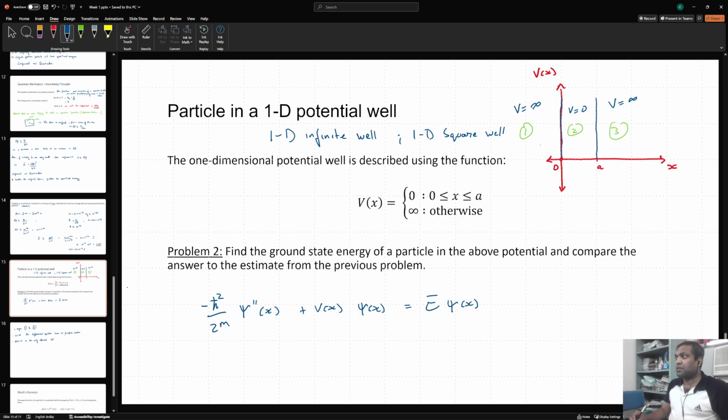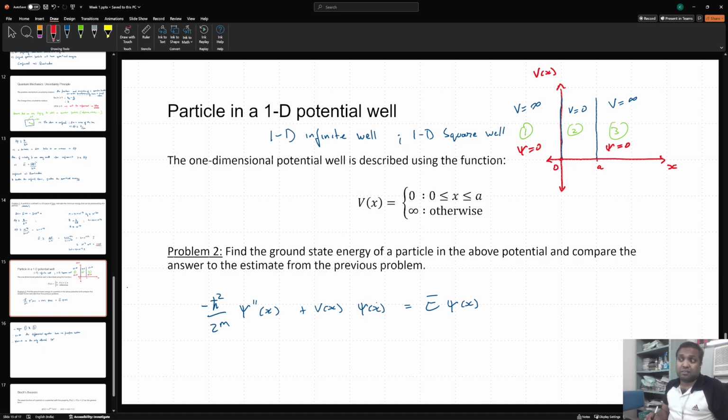So over here, let me write that psi is equal to 0 and psi is equal to 0. You can just look at this equation. If I have v tends to infinity, the only way I'm going to make all quantities finite in this differential equation is by setting psi of x equal to 0.